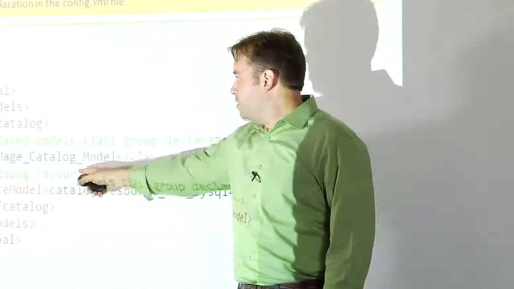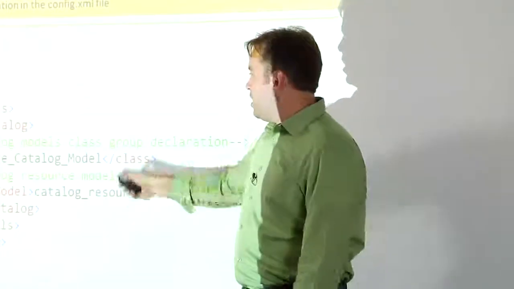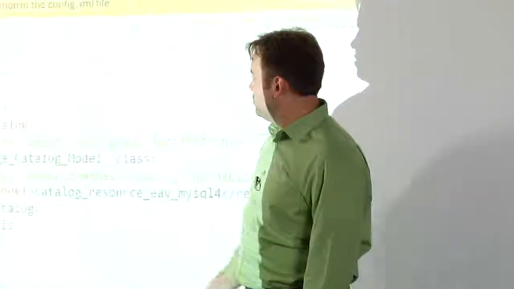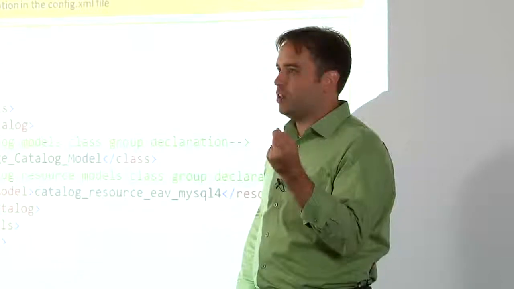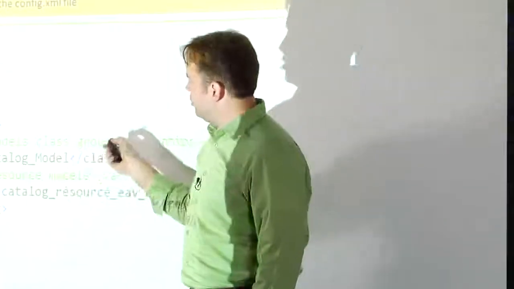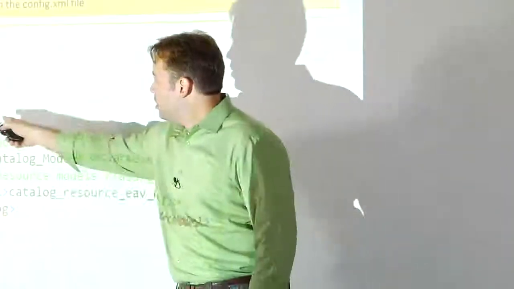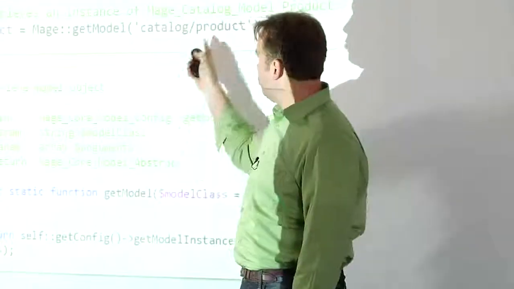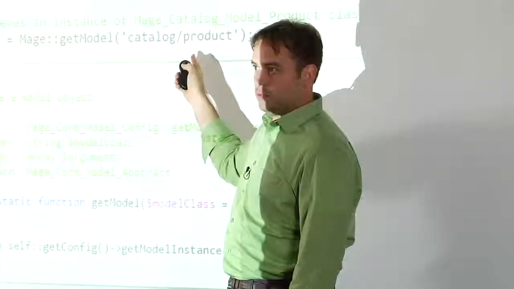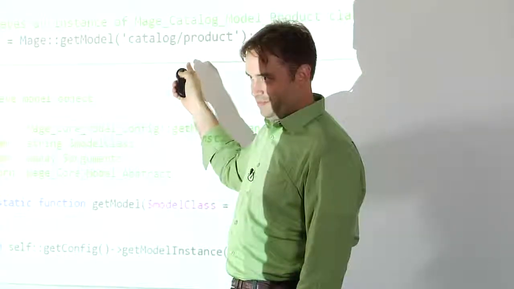So this becomes the first part of the class name. If I have product here, then the system is going to try to instantiate a class Mage catalog. It's going to match catalog under here and try to instantiate Mage_Catalog_Model_Product, with a capital P.